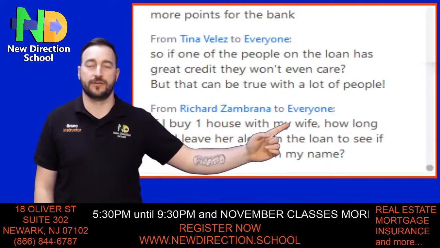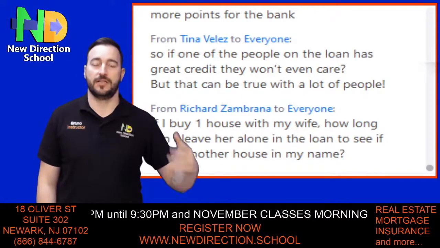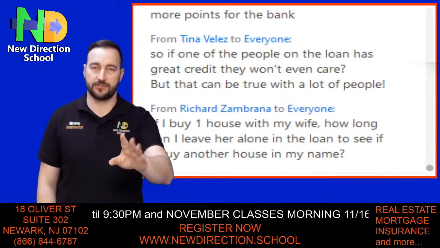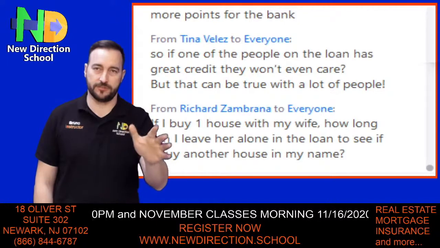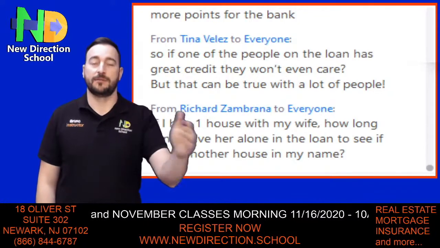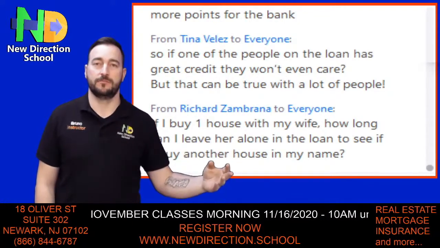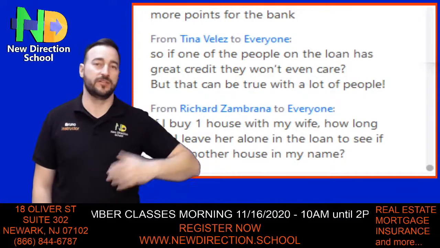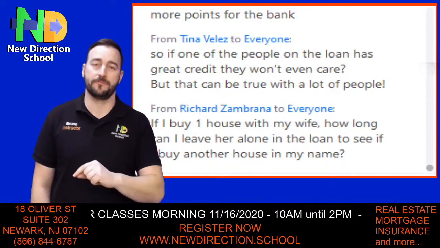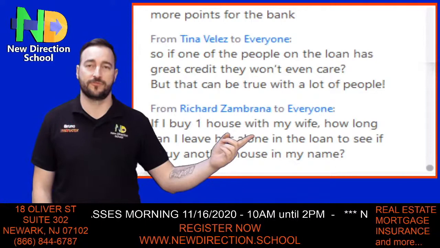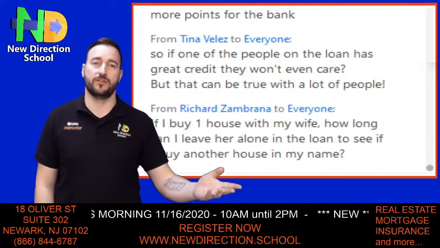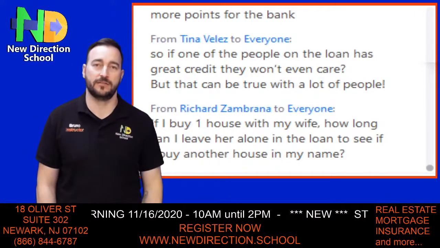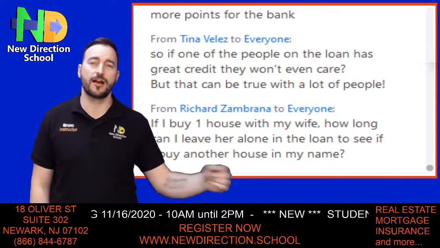You're saying your wife, right? Now let me ask you. I'm not saying you have to answer this, and I know the situation's a little different, but a lot of people say, oh, my wife, but that's because you live together and you've been together forever, but you're not married on paper. If you do your taxes separate, for instance, maybe you qualify to buy another house right away. It's called non-owner occupied.